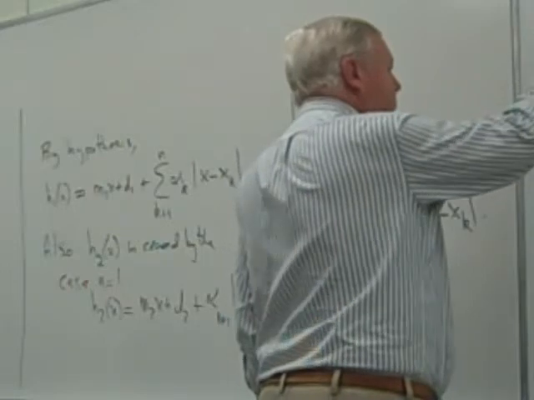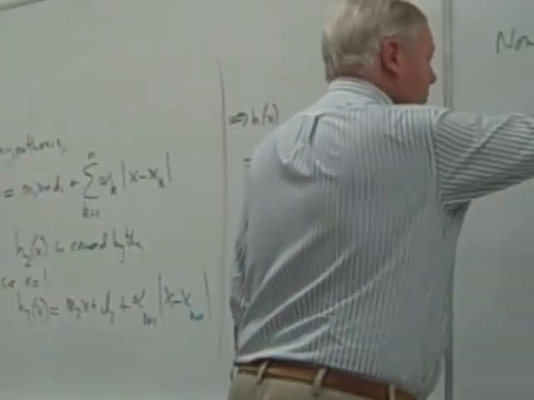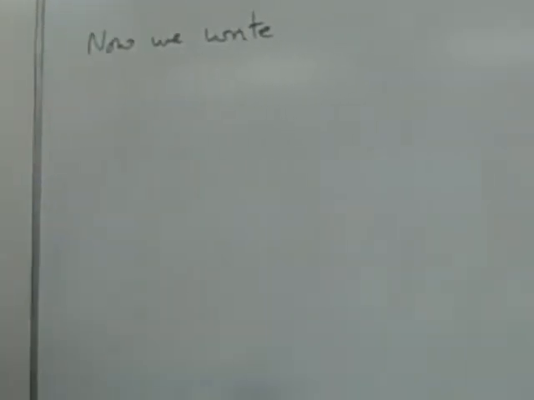So now, going back to where we started, remember we had a piecewise linear continuous function that was within epsilon over 2 of our continuous function f. So now we write our g of x. We don't know how many terms we're going to need because we don't know how often it changes slope, but that's okay.